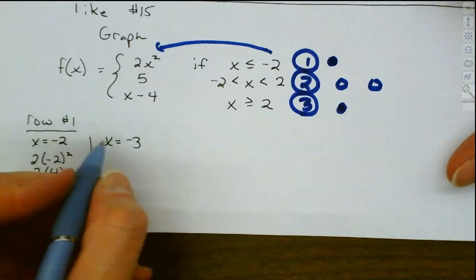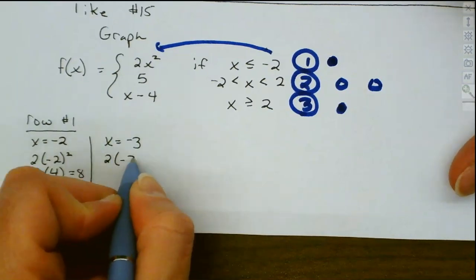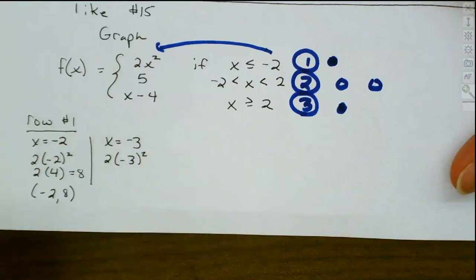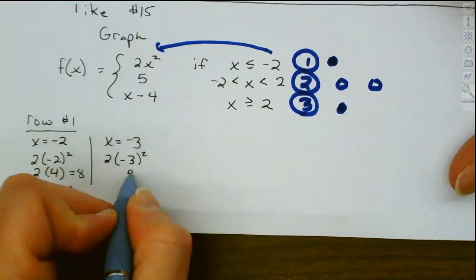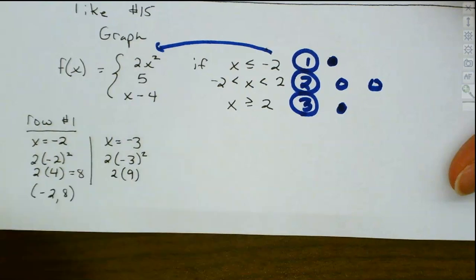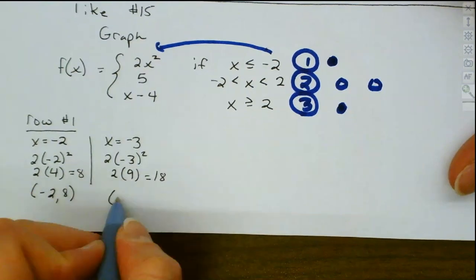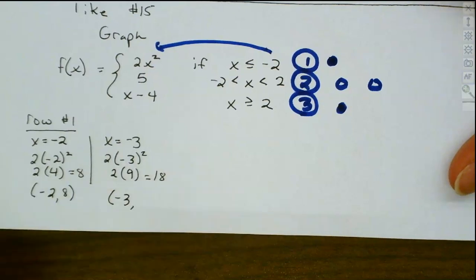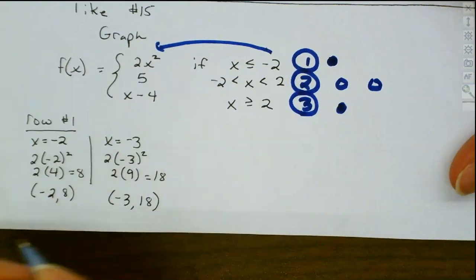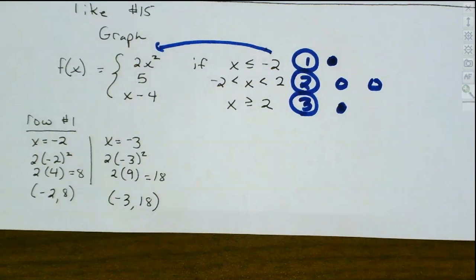So let's plug negative 3 in and see what happens here. Negative 3 squared is 9. 2 times 9 makes it now an 18. So I have (-3, 18) for my second point. Let's put this on our graph.